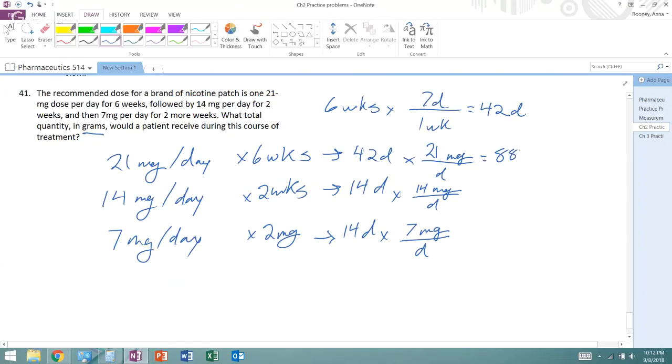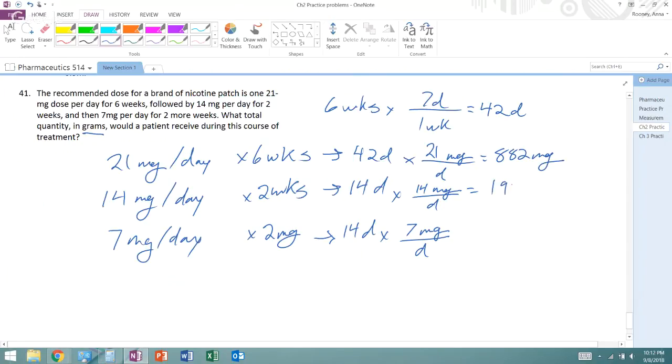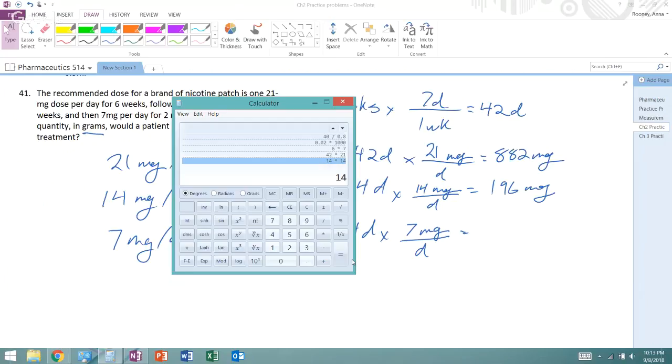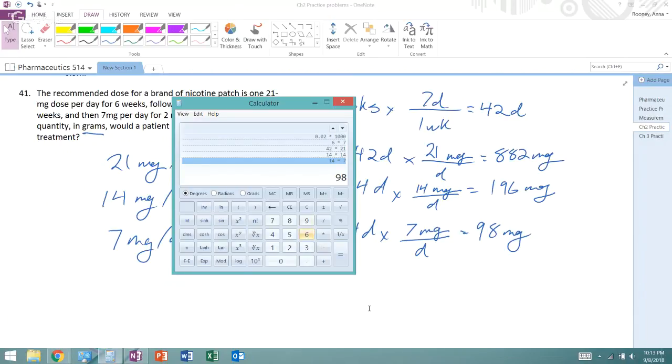So 882 milligrams, and then 196 milligrams, and 98 milligrams. And then we have to add all these.